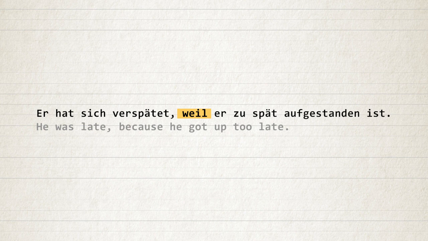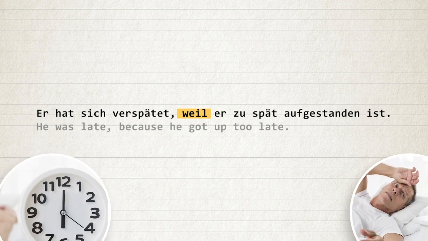Er hat sich verspätet, weil er zu spät aufgestanden ist. He was late because he got up too late. Let's stop here for a second. If you look closely, you can see that we actually have two verbs here, right? Aufgestanden and ist. Because it's the perfect, and we know that perfect has two verbs, right?